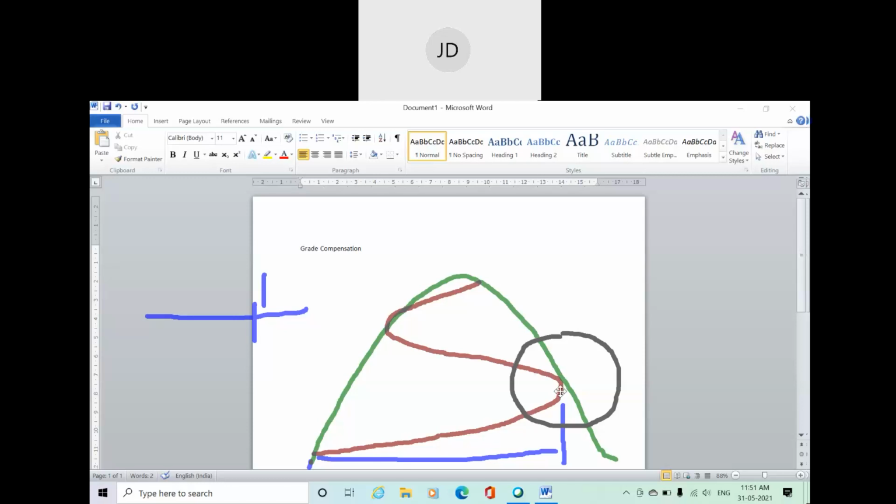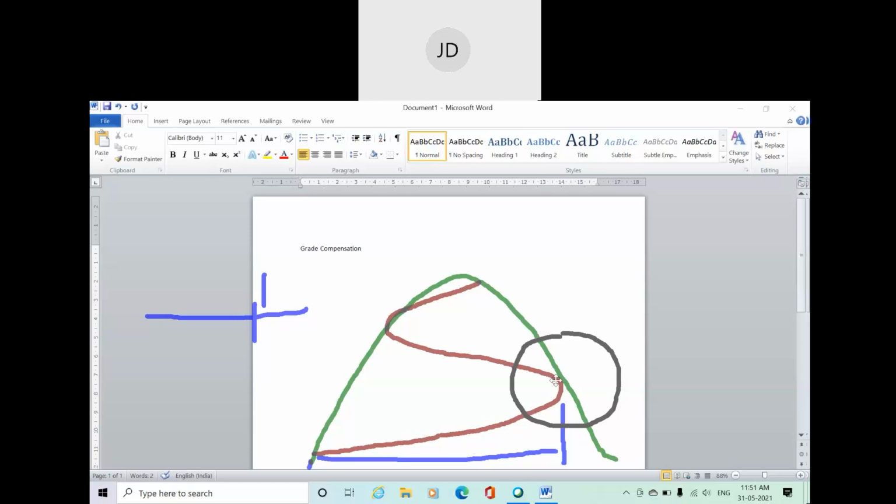For giving safe movement of a train over a curve, we have two options. First option, increase the radius of the curve.